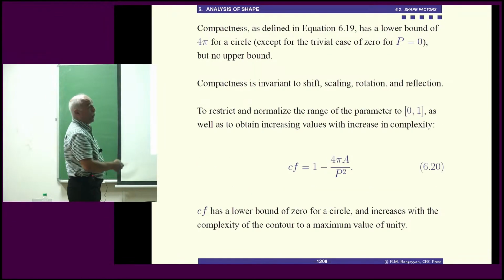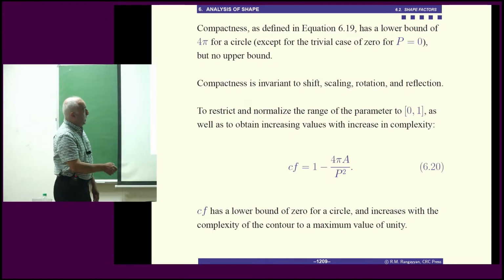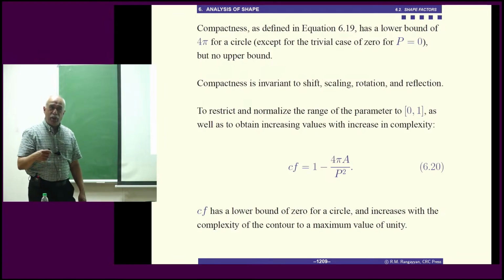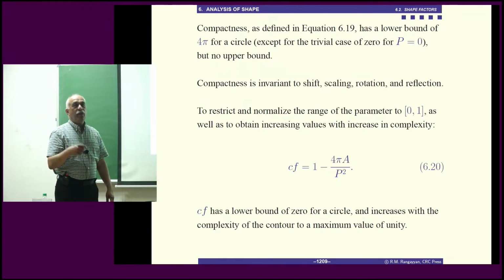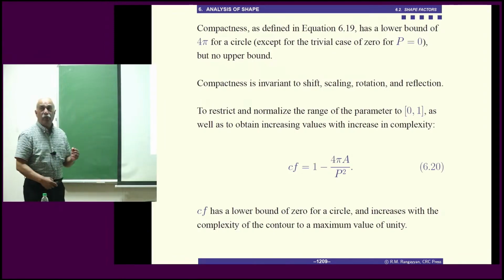Now it is possible to normalize this and turn it around to A over P squared. So if P increases, then compactness reduces. It is not compact. That is, area is small, perimeter is large, it is not compact, it's being stretched. And if you put 4 pi and take 1 minus that, then you have a number between 0 and 1.